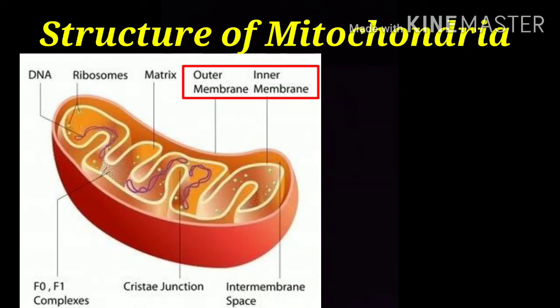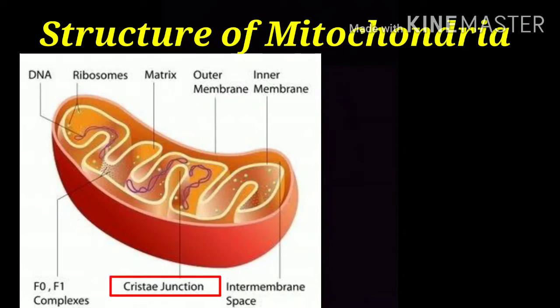Inner mitochondrial membrane is a semi-permeable membrane and regulates the passage of materials into and out of the mitochondria. It is rich in enzymes and carrier proteins. It consists of 80% of proteins and lipids.